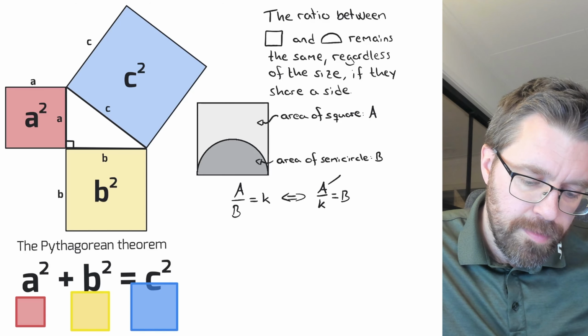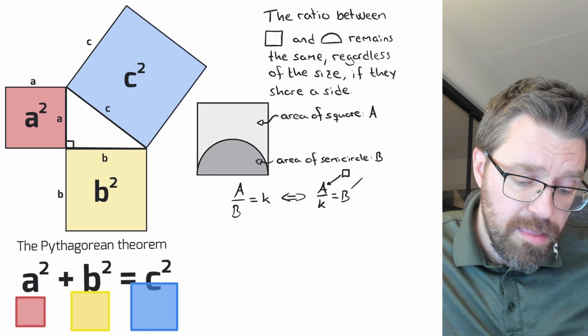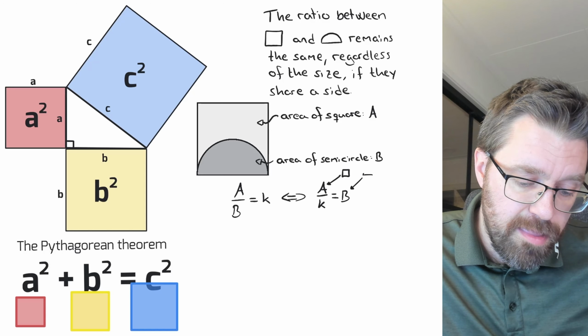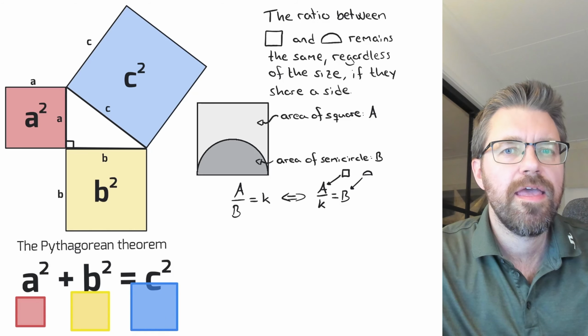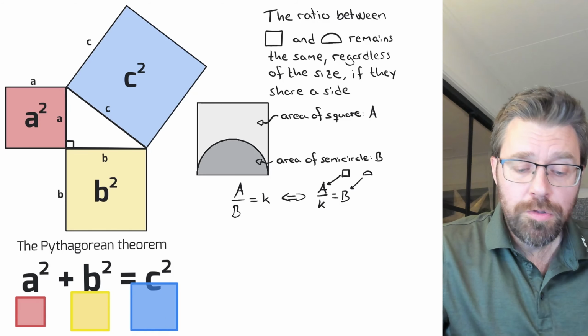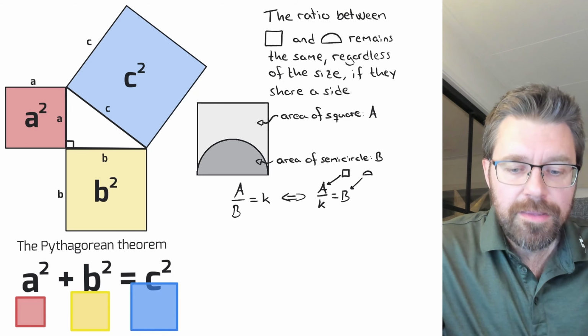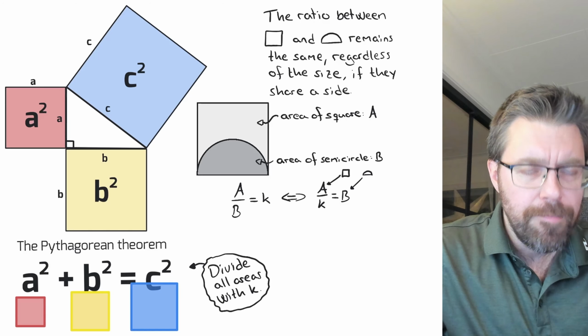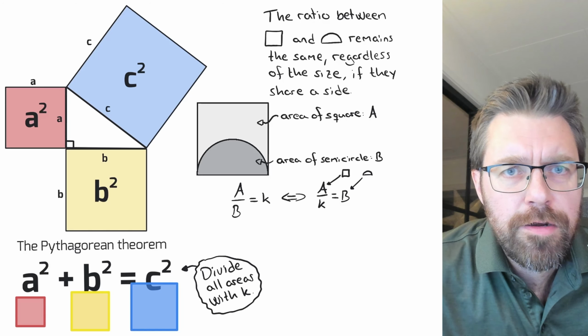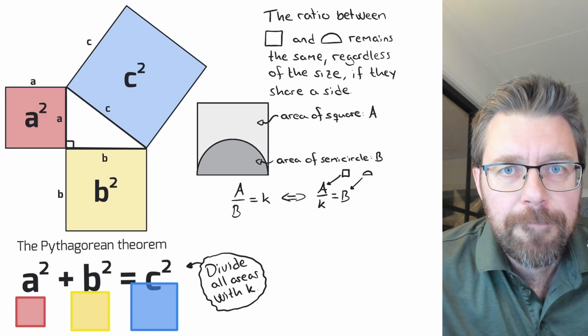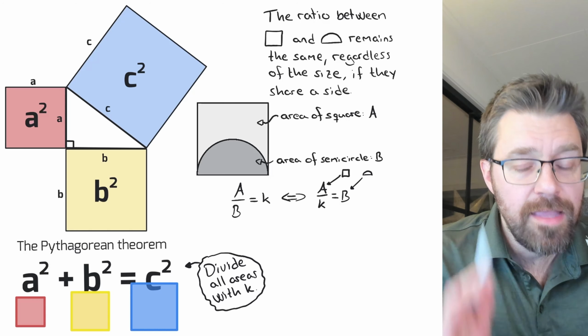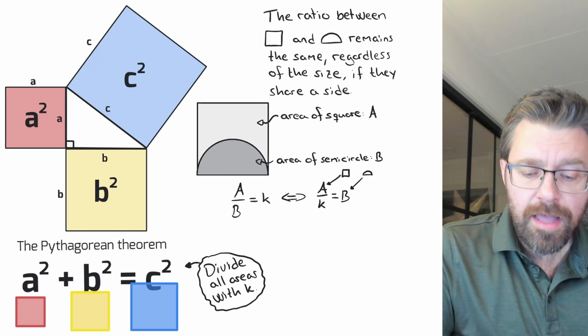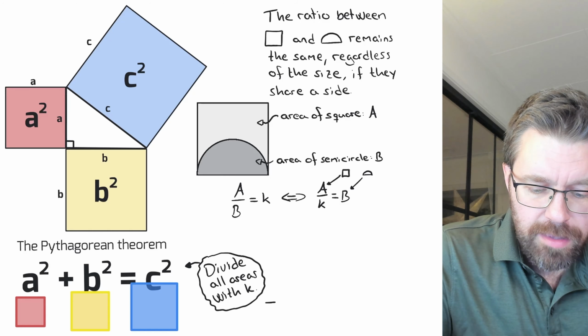So, the area of the square divided by k is the area of a semicircle. And then we can use this equation here and divide all of these areas, a squared, b squared, and c squared, by that number k. And it gets us another equation right here.